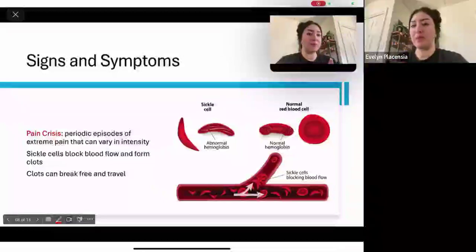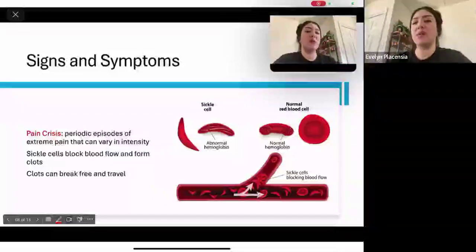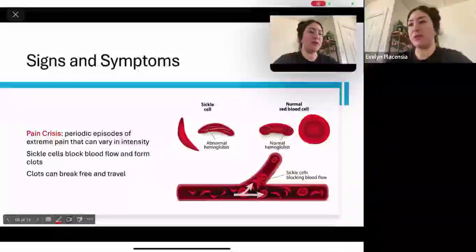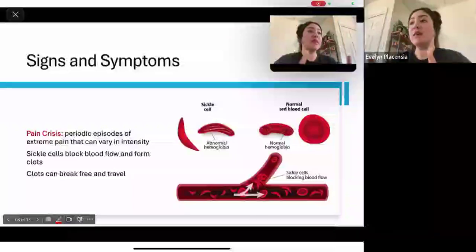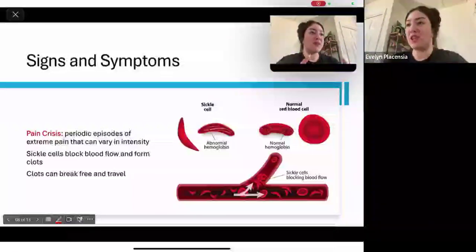They're very flexible. They have the ability to conform to these blood vessels. The reason this disorder is painful is because the sickle cells block blood flow due to their lack of ability to bend. The hemoglobin sequence being changed makes these cells stiff and rigid. They don't have the normal ability to move.